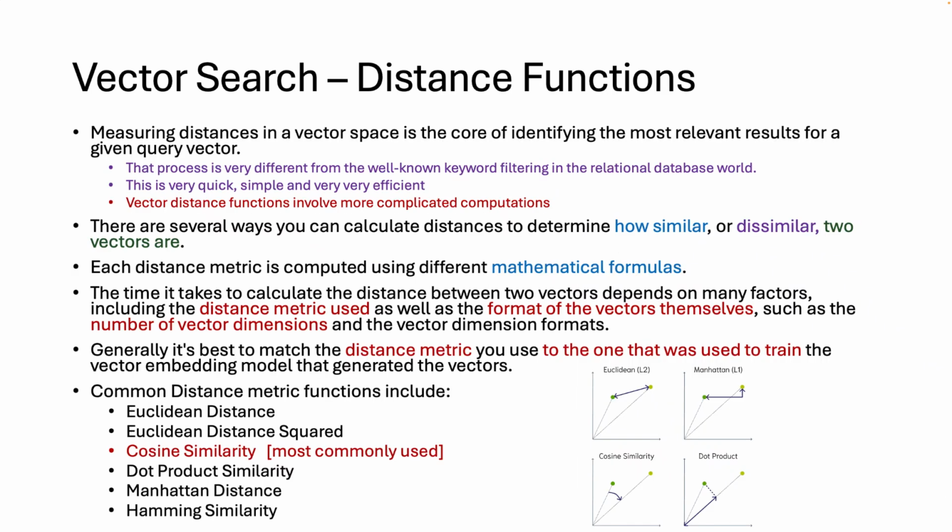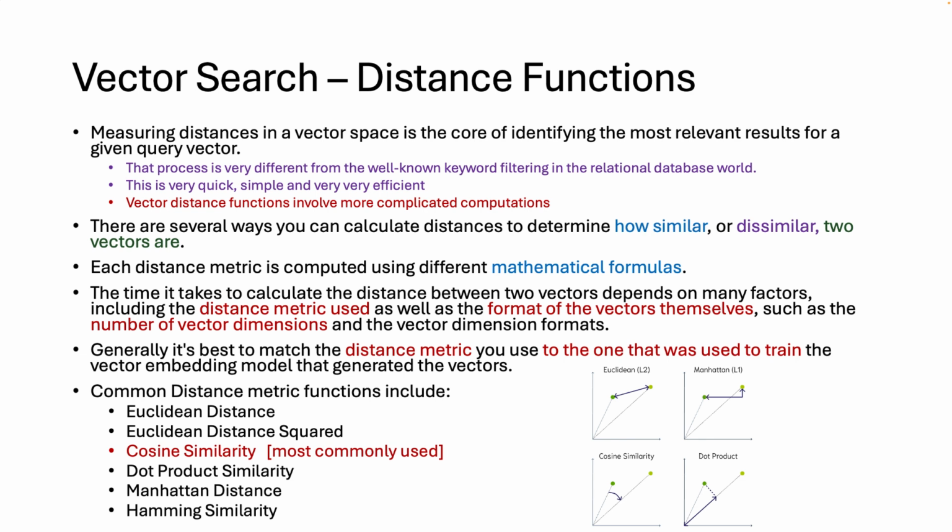For vector search, there are a number of different algorithms out there to help you do this, and if you've done some math or machine learning courses before, some of these terms will be very familiar to you. The most common one that's being used is cosine similarity.